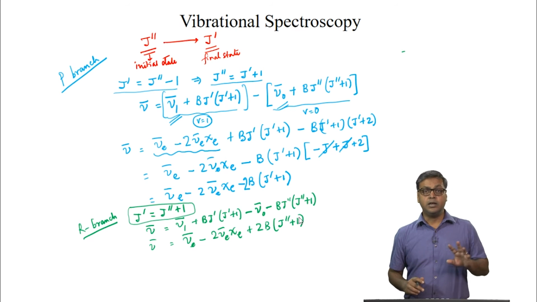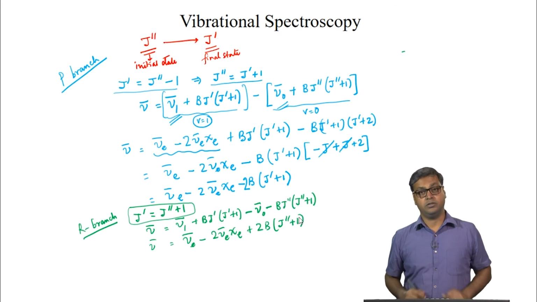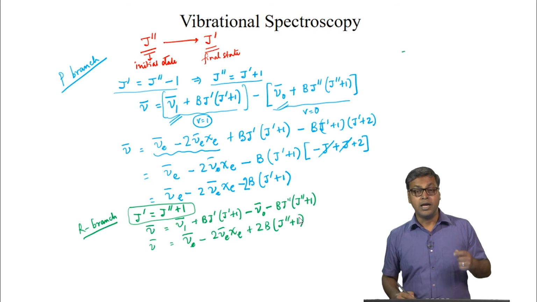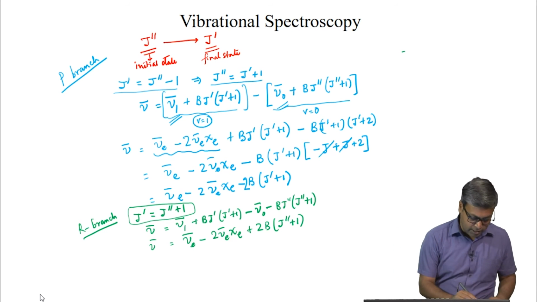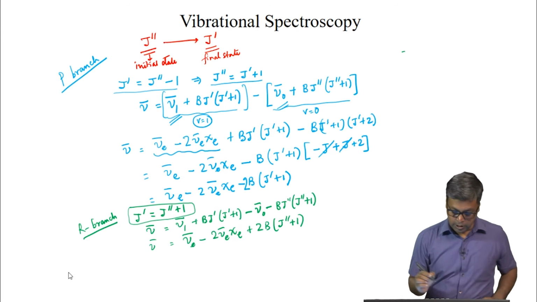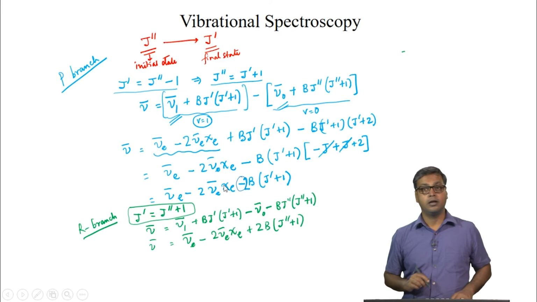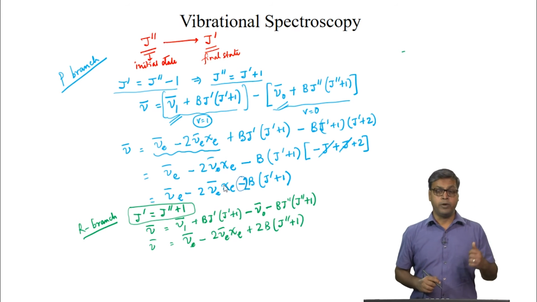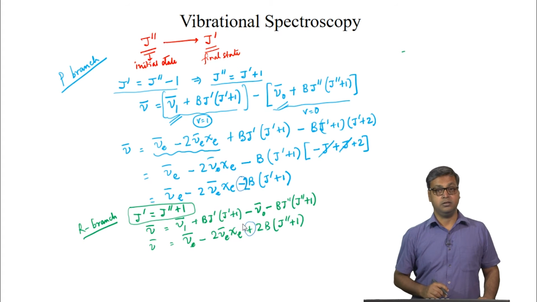So, there are two differences between P and R branches. Number 1, in the P branch, the difference between the rotational energies is negative. In other words, we have a negative sign here. However, in the R branch, it is positive because we have a positive sign here.